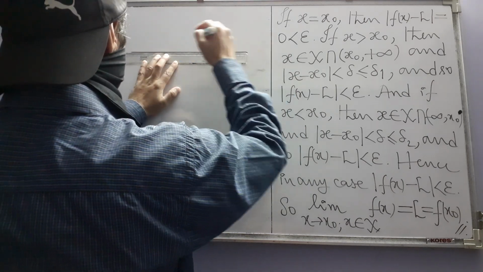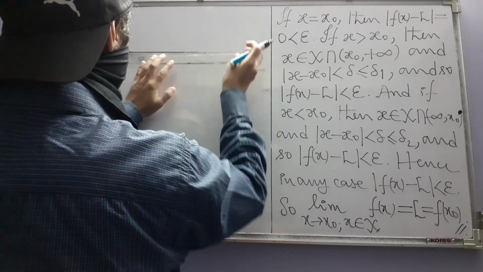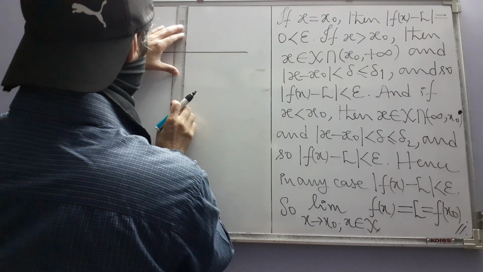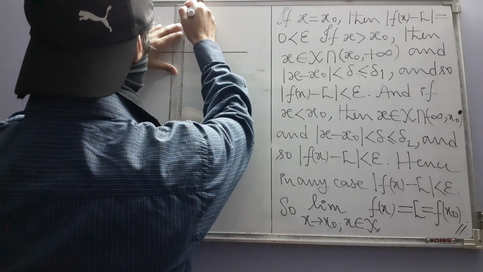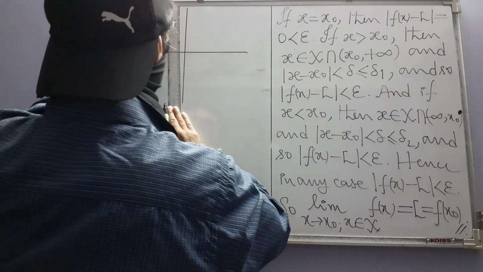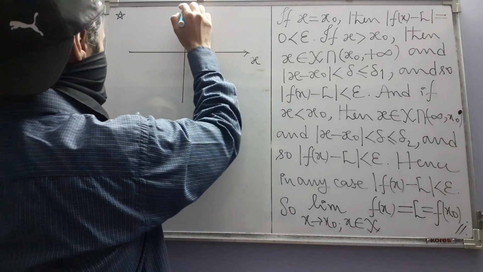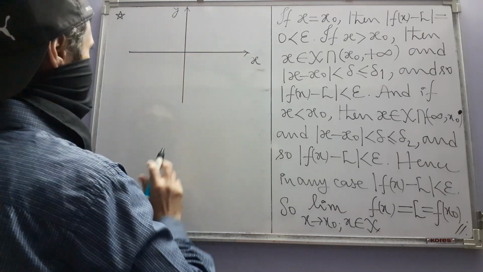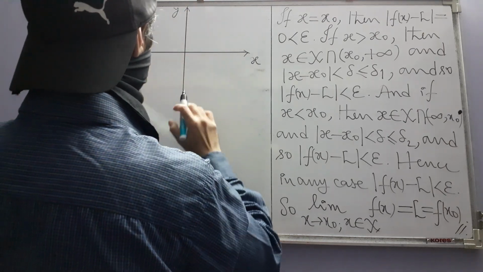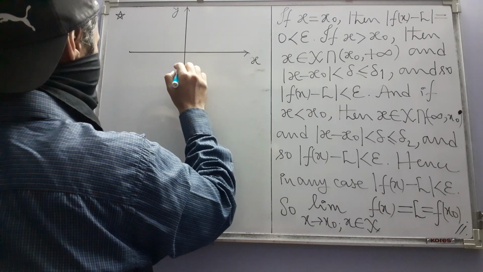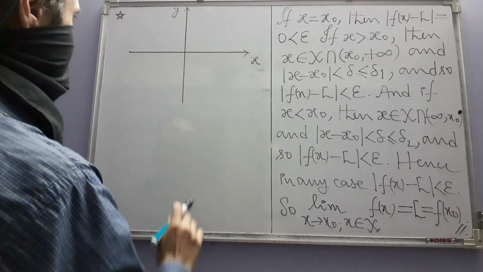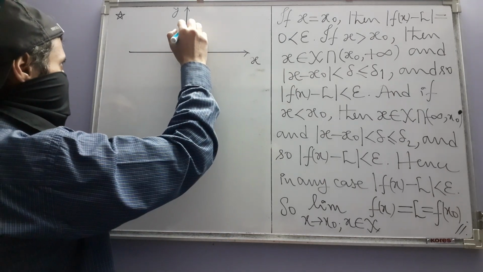We can draw the graph of the SGN function. It's not that difficult. So this is our positive x-axis, positive y-axis. Say we roughly mark out 2 points.